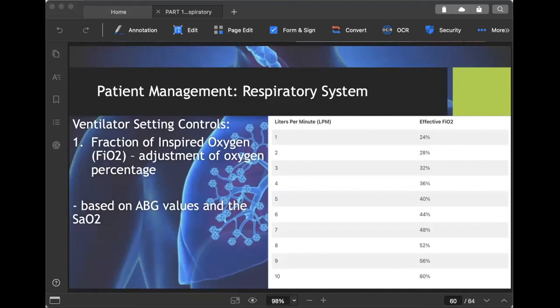So typically, our Earth has like 21% of oxygen, but when, of course, we are dealing with patients with respiratory ailment, the FiO2 concentration may extend up to 99%. However, we just need to keep it at 50% or below to avoid toxicity. Okay, now for the rule of thumb here, just like what we talked about a while ago, 1 is to 24, 2 is to 28. You will just add 4.